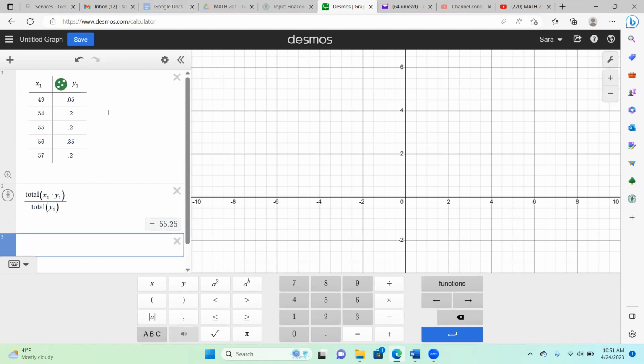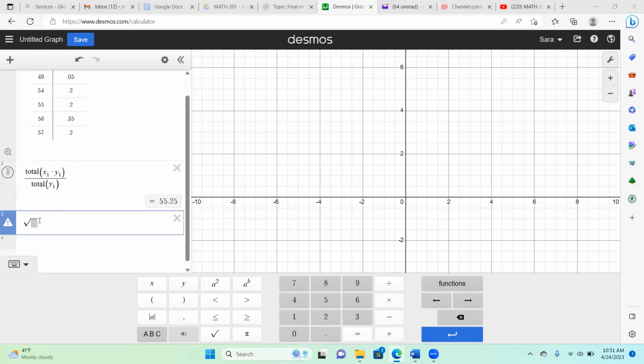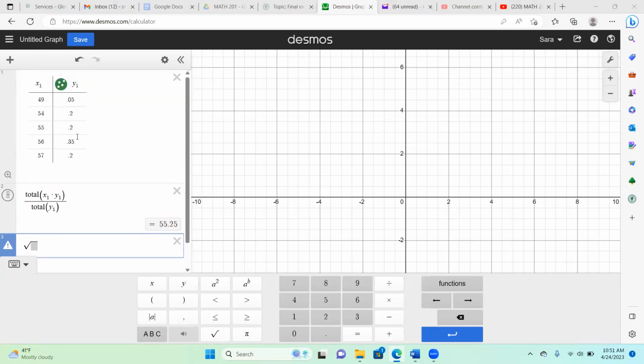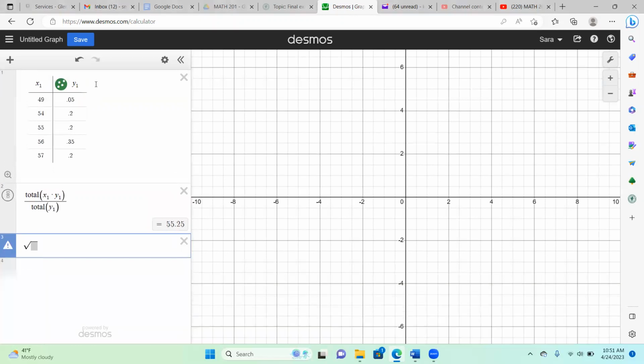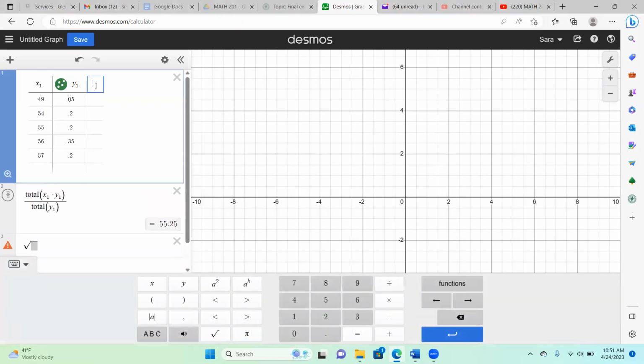And then our standard deviation is going to be the square root of each observation. So let's create a new row here.